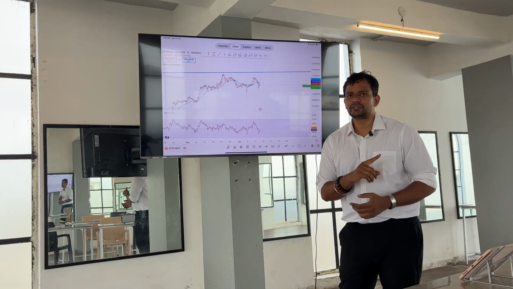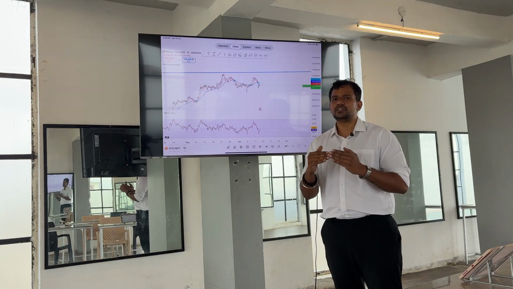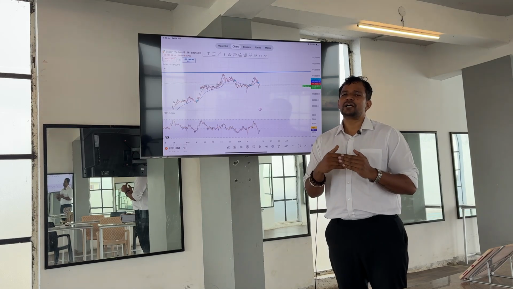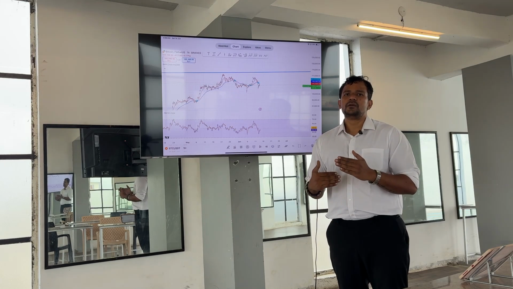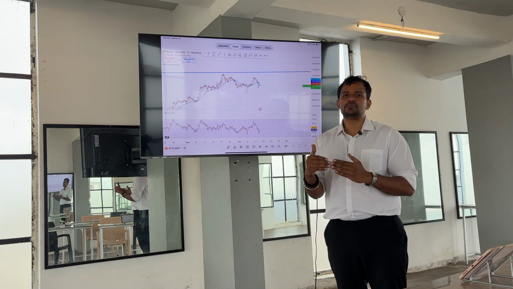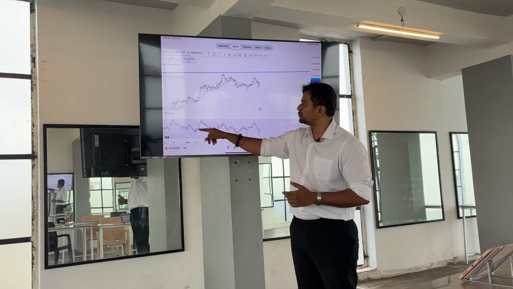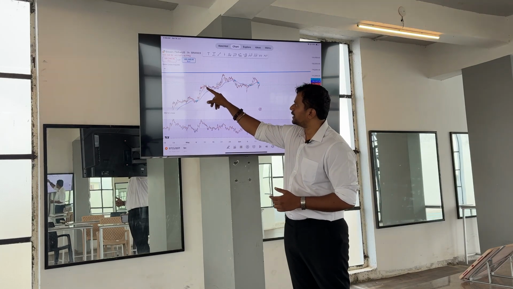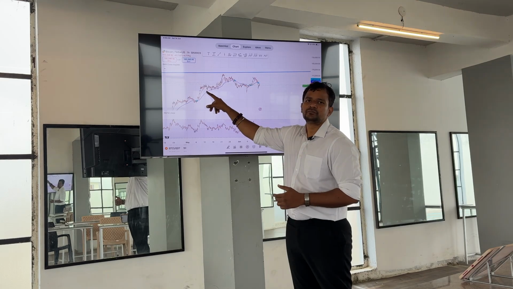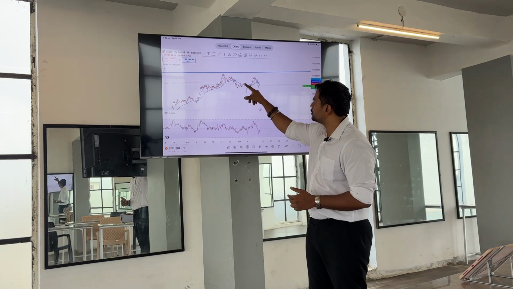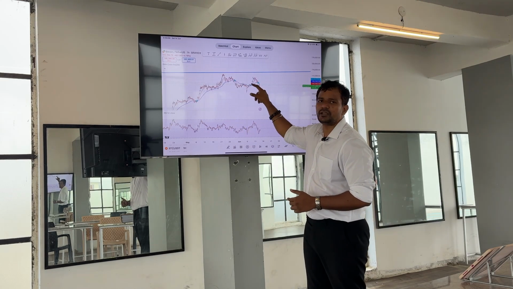We understood from the previous class also that the market always tries to maintain an equilibrium. Whenever the market goes beyond equilibrium, it always tries to come back to the equilibrium again. That is what is happening here. When the market reaches its peak or its low, it again tries to come to the equilibrium.